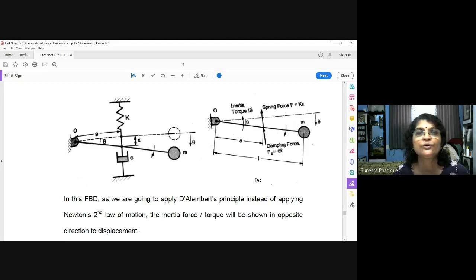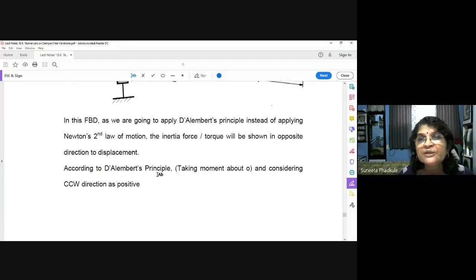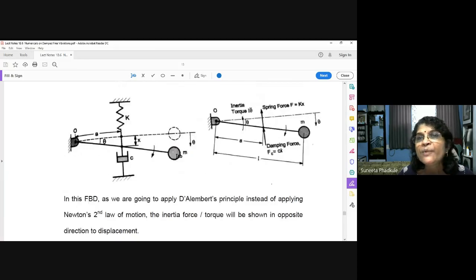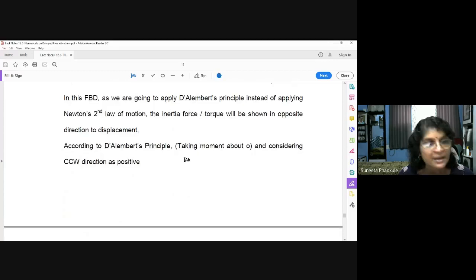Okay, so let us see here now. In this free body diagram, I have written that as we are going to apply D'Alembert's principle instead of Newton's second law of motion, the inertia force or torque will be shown in the opposite direction of the displacement. So according to D'Alembert's principle, you have to take moment about O, because this is angular vibration, so you always take the moment or torque. I am considering the anti-clockwise direction as positive.